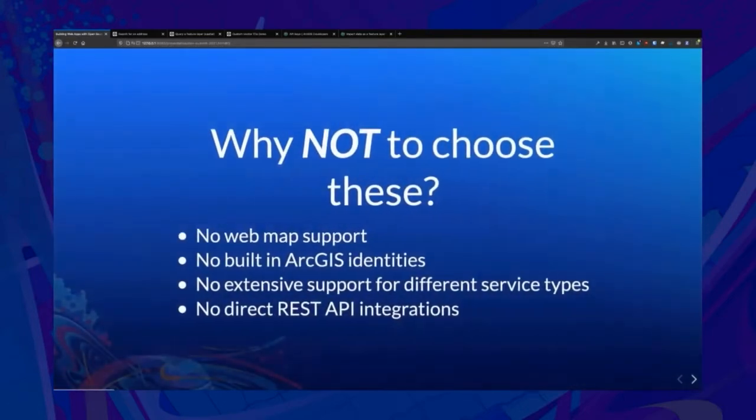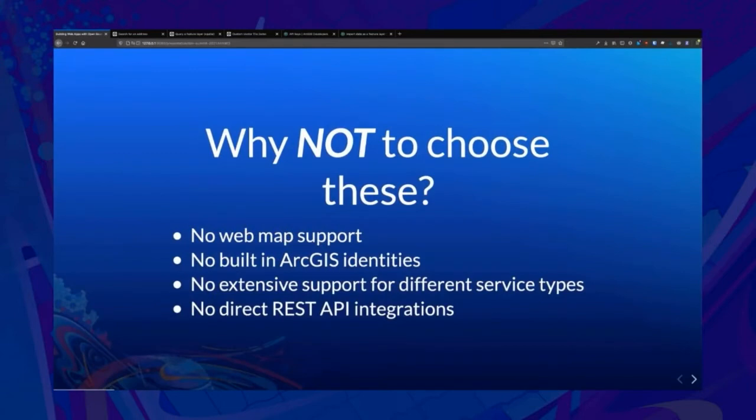Now, there are a couple of reasons not to necessarily choose these if you're building an application. I think it's important to get this out of the way right now: these don't have support for a lot of the more ArcGIS-centric concepts. You're not going to find things like web map support or built-in support for ArcGIS identities, like authenticating ArcGIS Online users. And they don't have extensive support for some of the more specific service types.